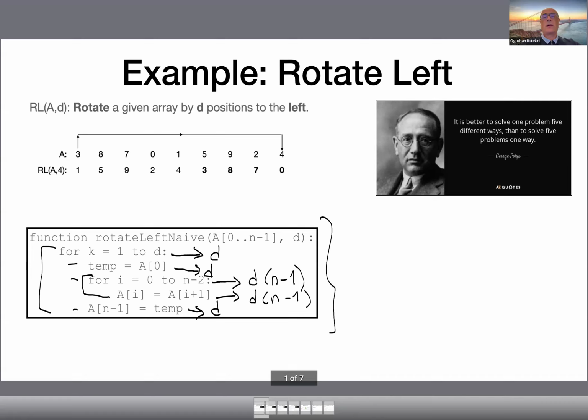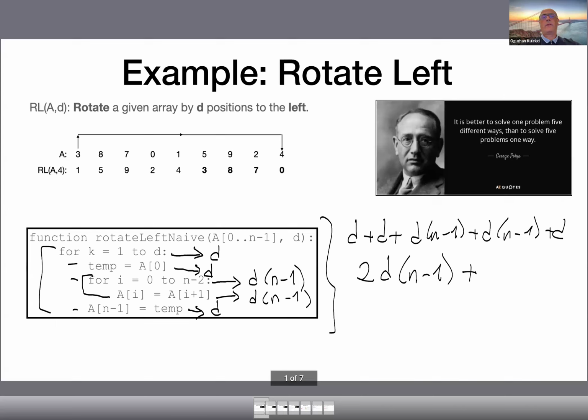I will have d plus d(n minus 1) plus d(n minus 1) plus d. So this will make 2d(n minus 1) plus 3d, right?